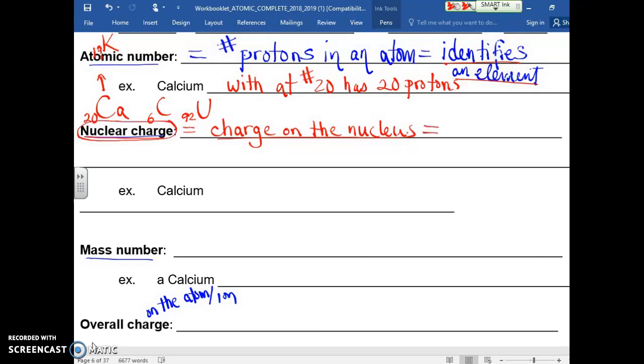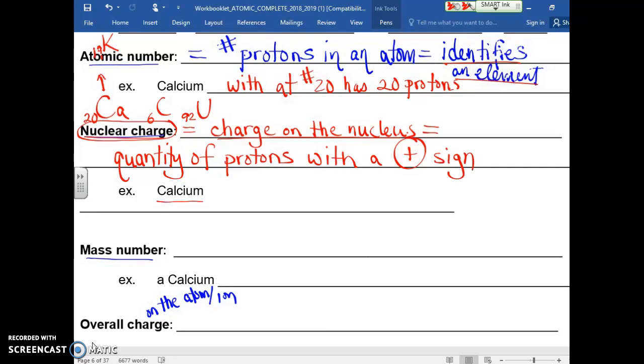And that's simply going to be equal to the quantity of protons. Of course, it's the quantity of protons with a positive sign. So when I express calcium's nuclear charge, calcium has a positive 20 nuclear charge. You need to include the positive because charges are either positive or negative.